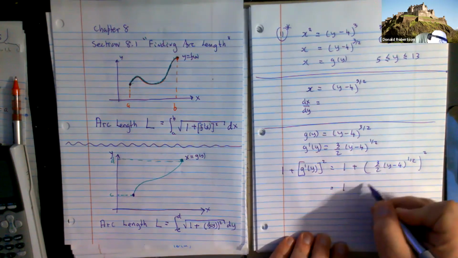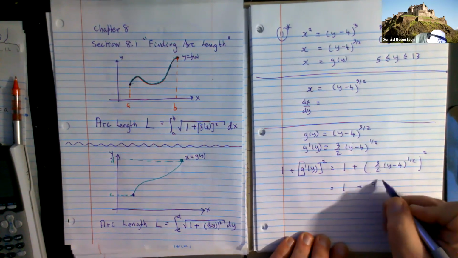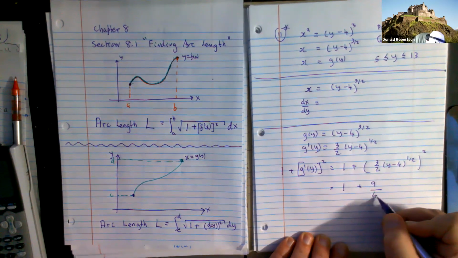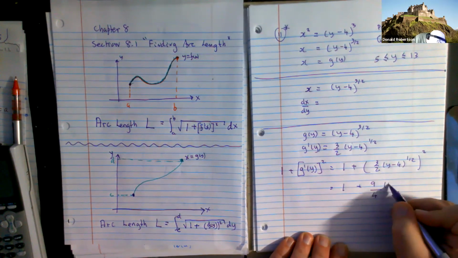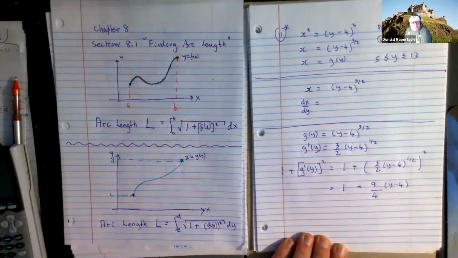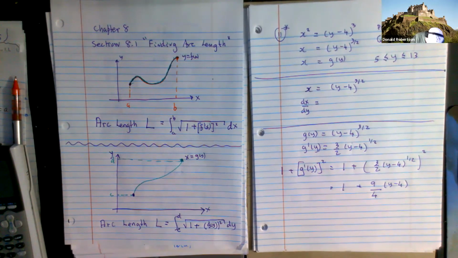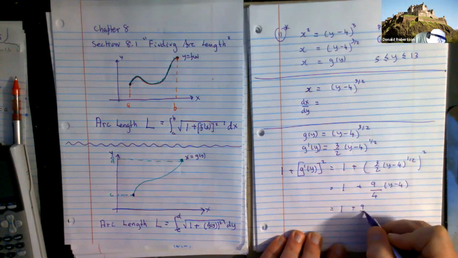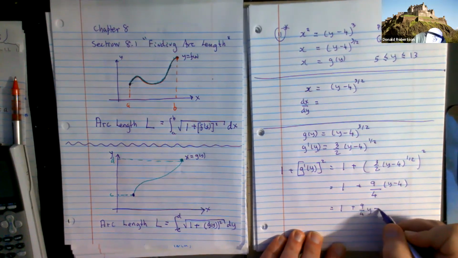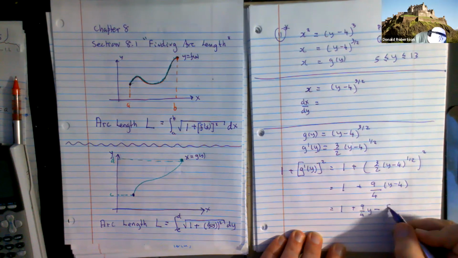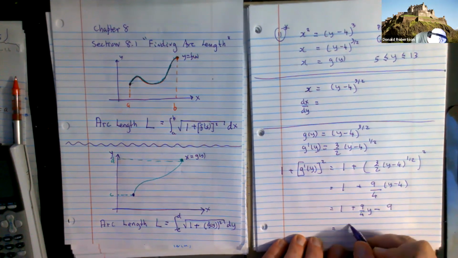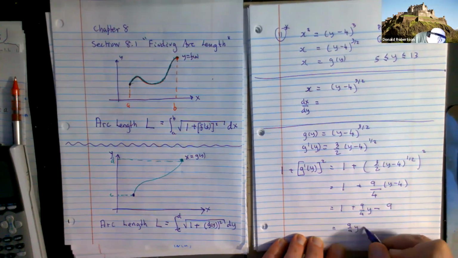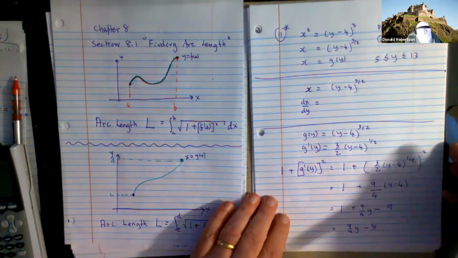So that 3 becomes 9, that 2 on the bottom becomes 4, and this half power just becomes that guy. And now I have 1 plus 9 quarters y, take away 9, which becomes 9 quarters y, take away 8.